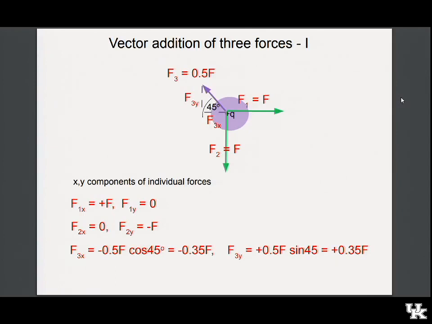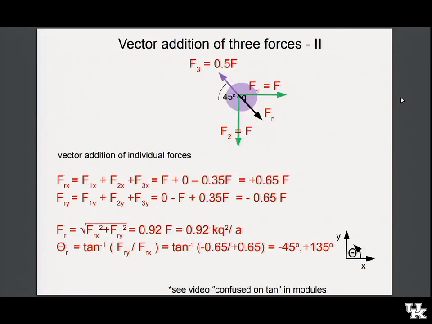And here's a plus sign, a minus sign, and a plus sign, because the horizontal component of this force is towards the left, the negative direction, and the vertical component is up, the positive direction. After all that, you get minus 0.35 F horizontally plus 0.35 F vertically. Is that okay? I'm sorry, I'm speaking fast. I'm going quickly.